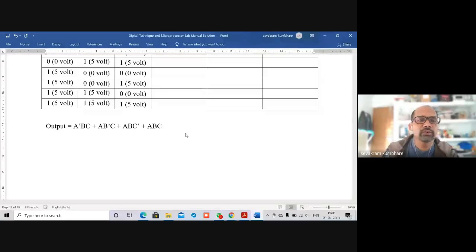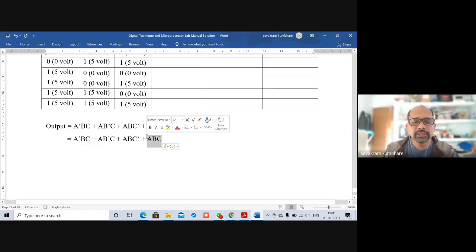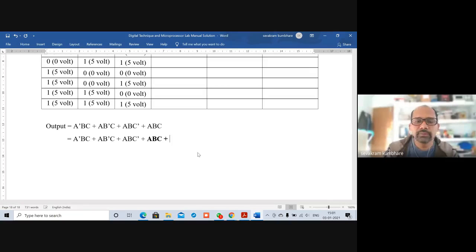How? Equal to a bar b c plus, so this I'll copy, and this ABC term I can split it.